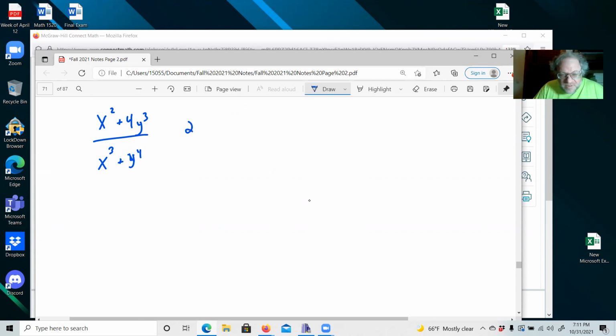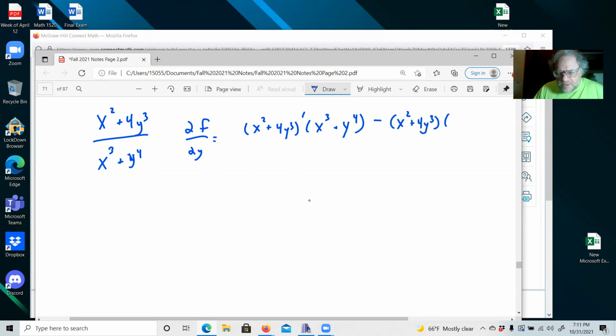So derivative of f with respect to y is equal to: we need to take the derivative of the top, x squared plus 4y cubed, times the bottom, minus the top times the derivative of the bottom, all divided by the bottom squared.